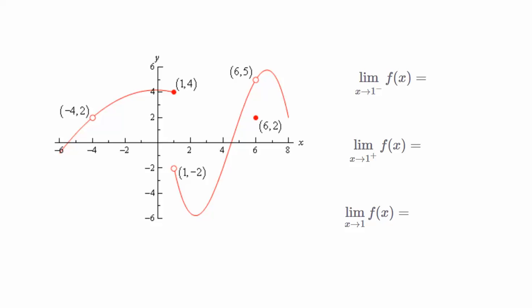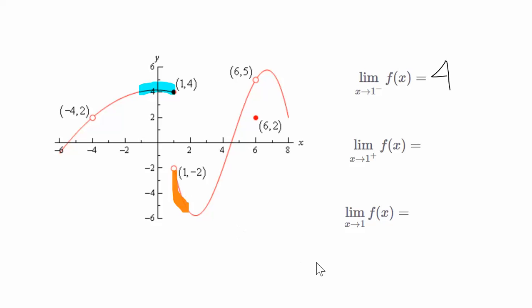Let's try another one. Let's find the limit as x approaches 1 from the left. So coming in, x approaching 1 from the left. As I get really close to x equals 1, my limit will be 4. Now we want x approaching 1, this time from the right, from the positive side. So now I'm down here.